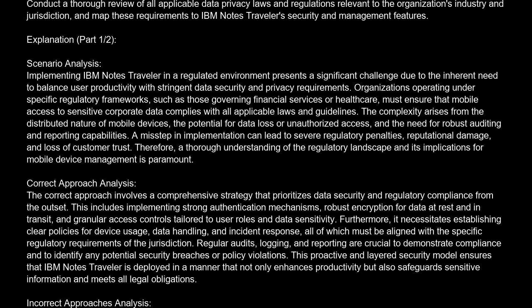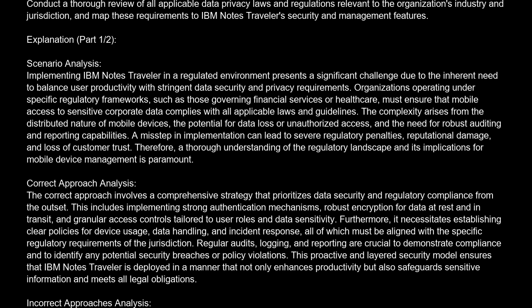Explanation. Scenario analysis. Implementing IBM Notes Traveler in a regulated environment presents a significant challenge due to the inherent need to balance user productivity with stringent data security and privacy requirements. Organizations operating under specific regulatory frameworks, such as those governing financial services or healthcare, must ensure that mobile access to sensitive corporate data complies with all applicable laws and guidelines.